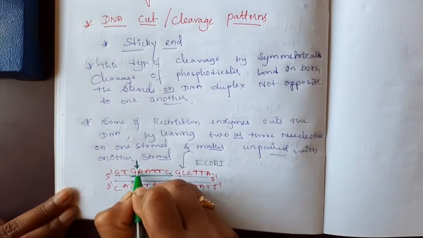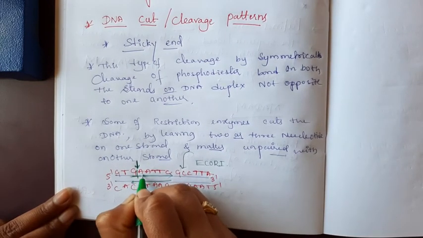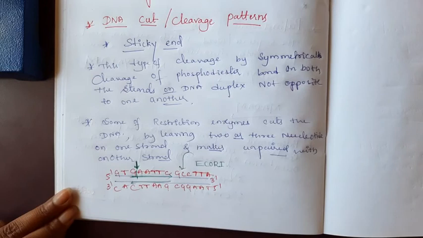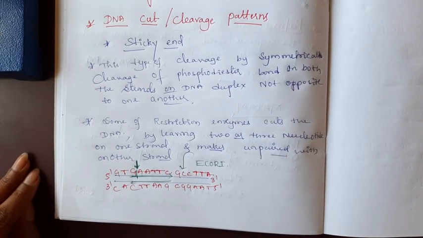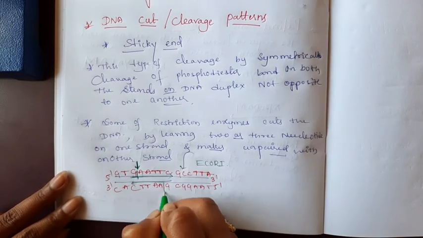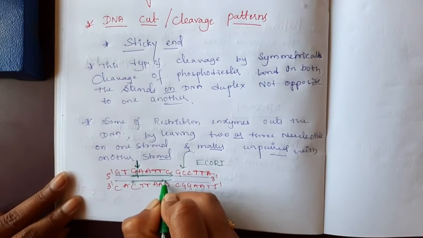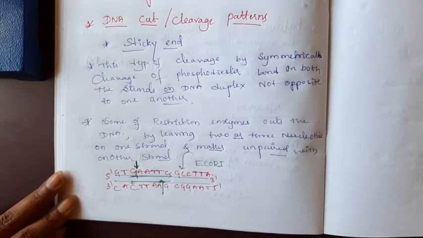Firstly, it will cut the GA bond. The second cut of EcoRI is exactly here.